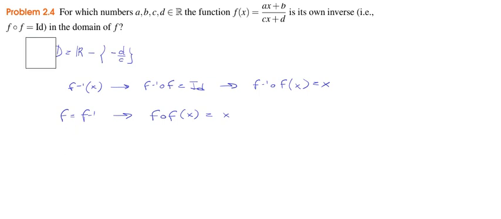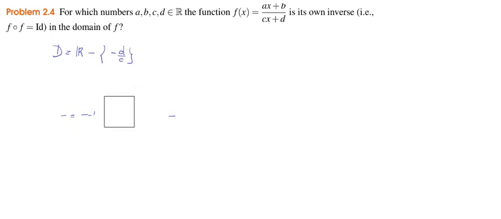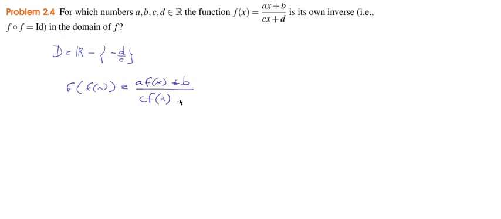Let me erase everything. Okay. F composed with itself is just f of x, the same thing, but instead of writing x, we write f of x, so a f of x plus b, over c f of x plus d.